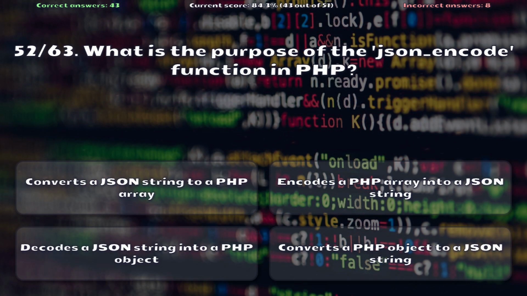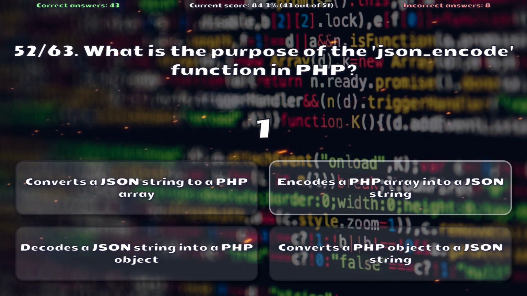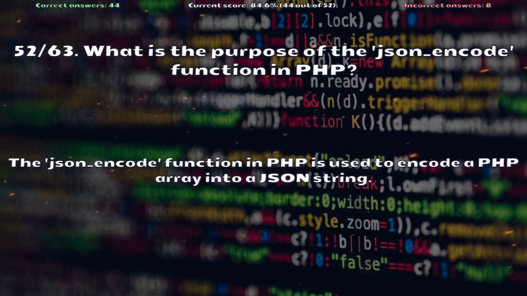What is the purpose of the json_encode function in PHP? The json_encode function in PHP is used to encode a PHP array into a JSON string.